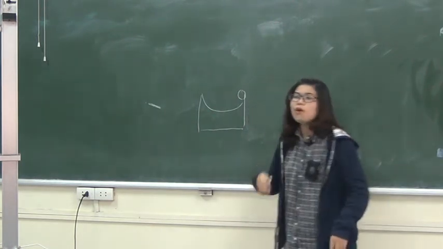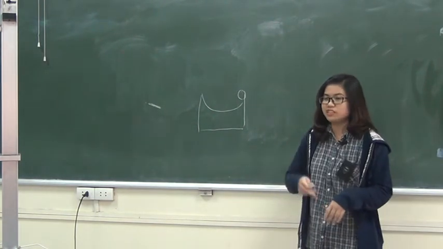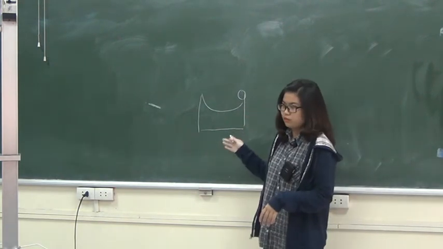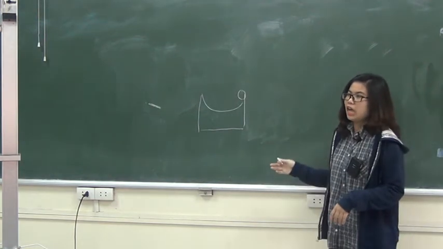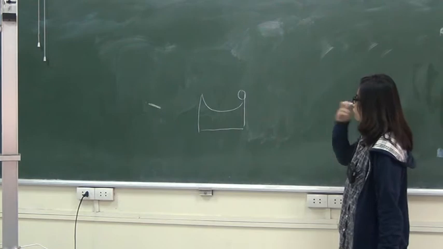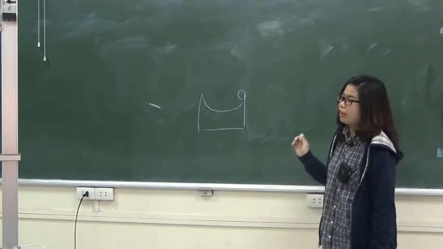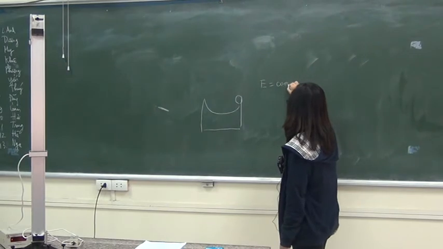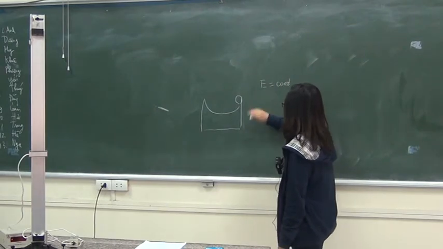I will ask students to design an experiment to verify the law of energy conservation. I will ask them to state the law of energy conservation, that is, E equals constant.